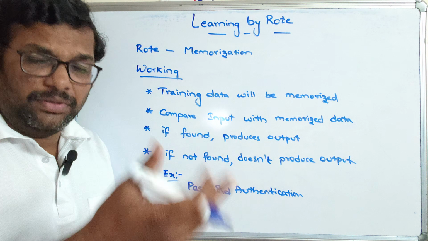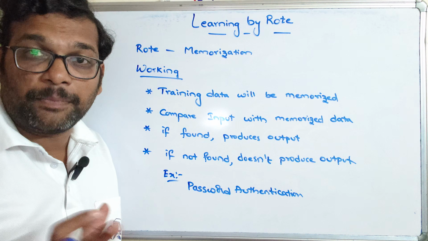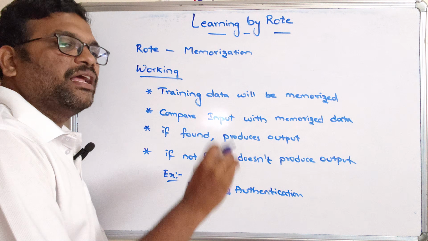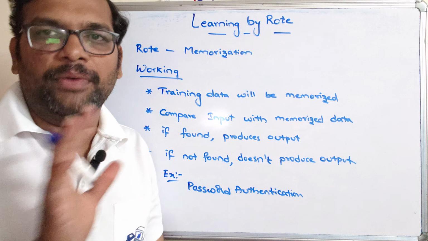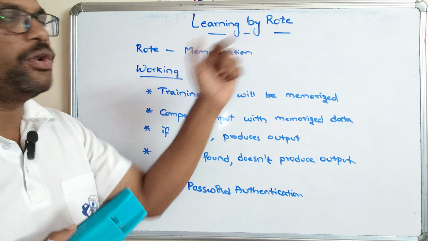If it matches, then the login will be successful, otherwise it will not. That means it directly compares with the data available in the memory. So this is the best example for learning by rote.